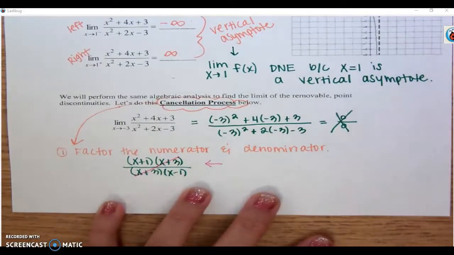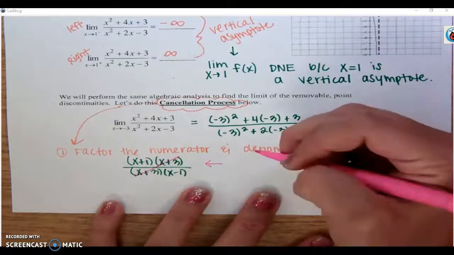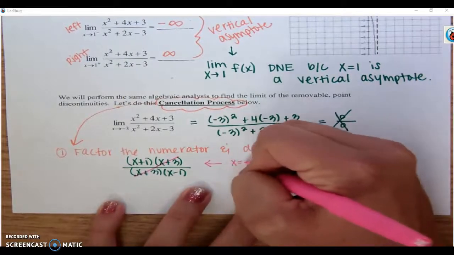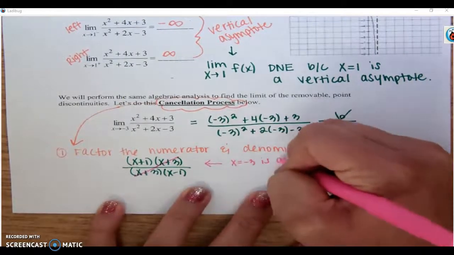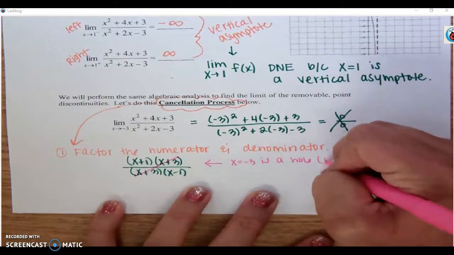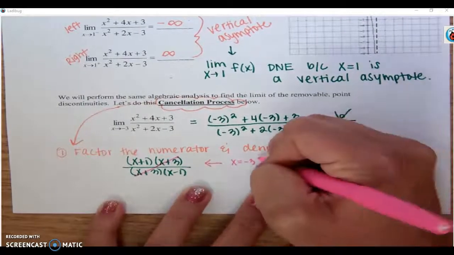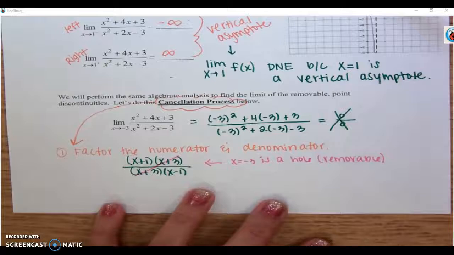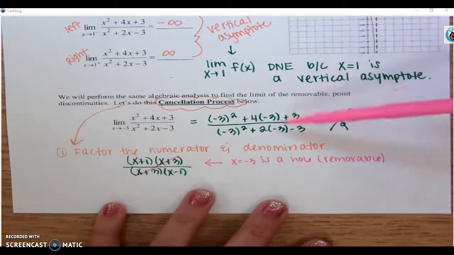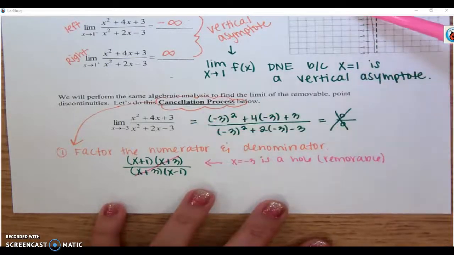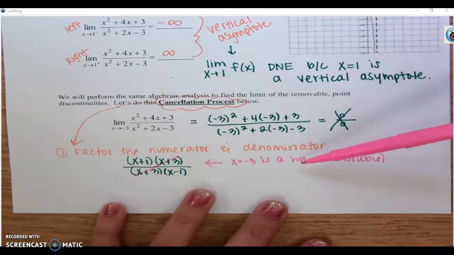It's a removable point. So let's write that: x equals -3 is a hole, which means it's a removable point of discontinuity, because you literally removed it. We already know from our graph up here, because this is the graph of this limit that we're trying to find, there was a hole there. So that makes sense.